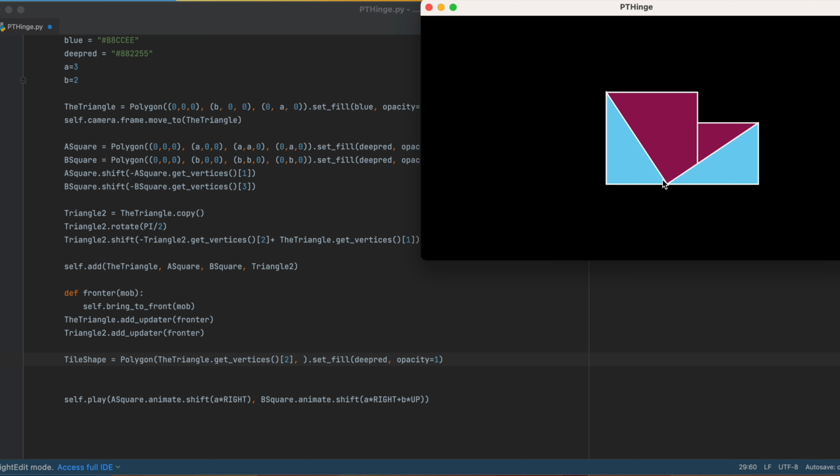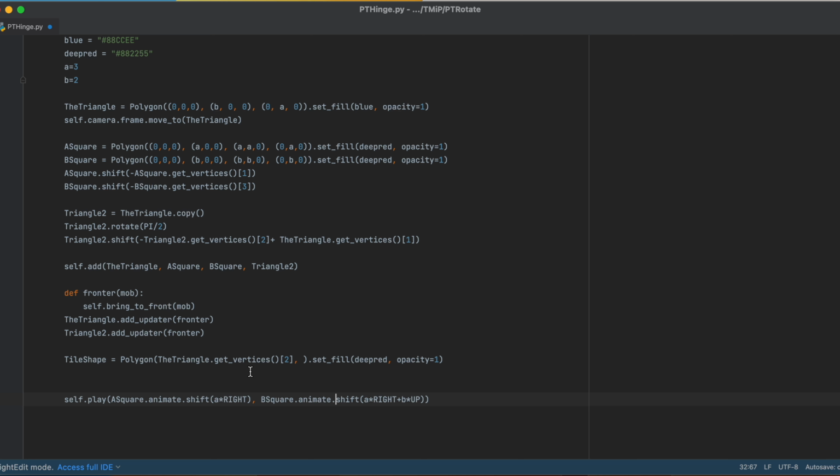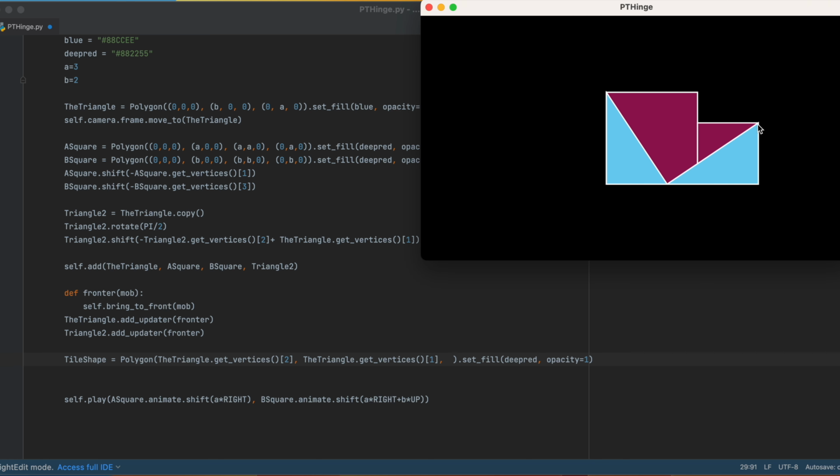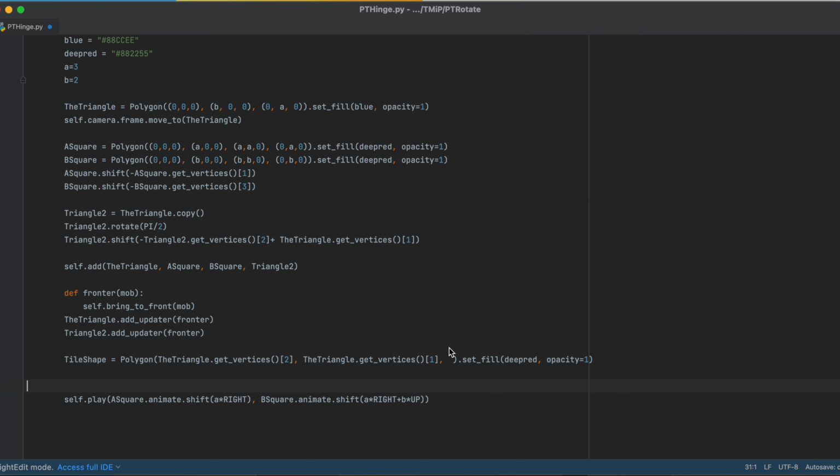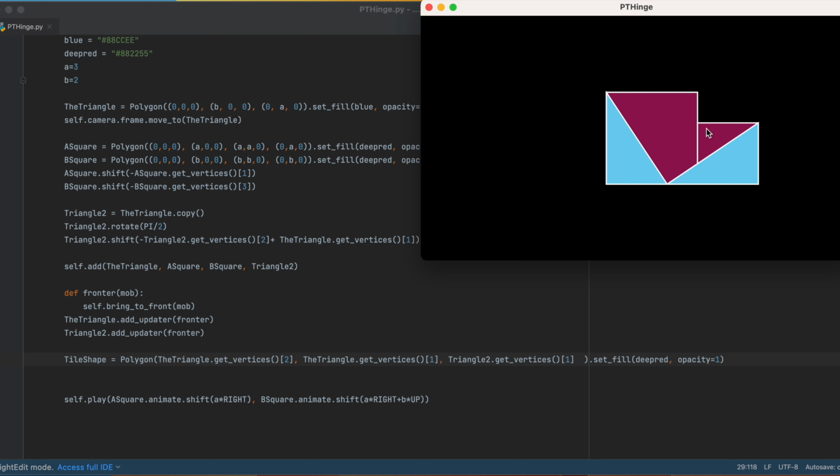Then it's going to go down and it goes to that one, which is the triangle, the vertex numbered 1. Then it's going to go to this one over here, which corresponds to that vertex. It's the other triangle, and it's also vertex 1. So that's triangle 2, get vertices 1. Then it goes here.